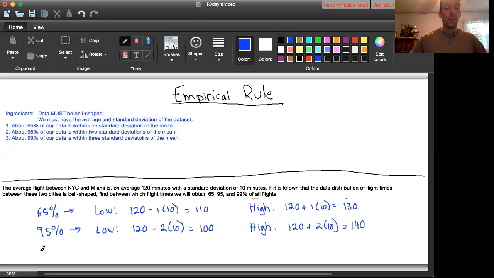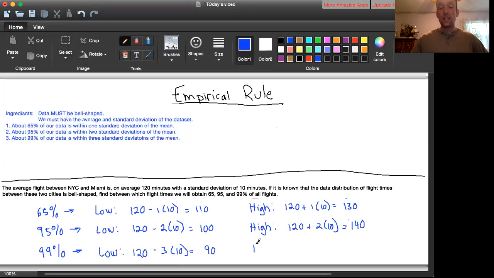And for the final piece, we need to find out, where are all the flights? Almost everybody, 99%. And let's get ready. We know inside of the empirical rule, the specification this time is 3 standard deviations. So we're going to say 120 minus 3 times 10, and that's going to give us 90.